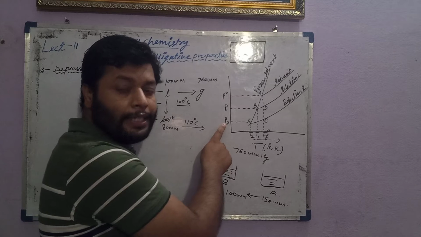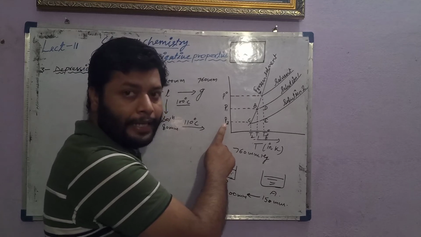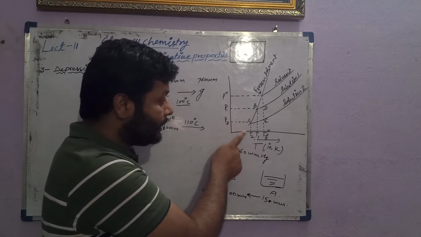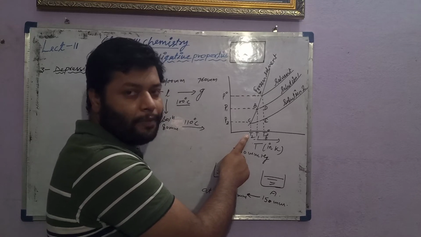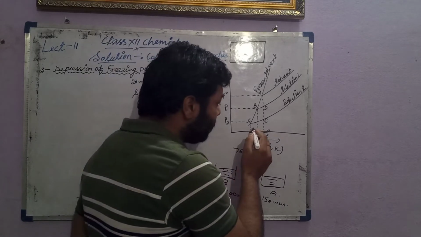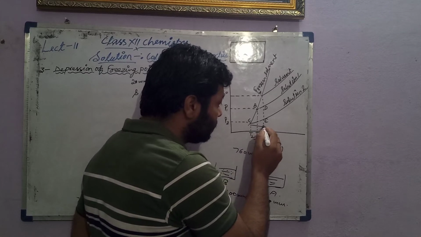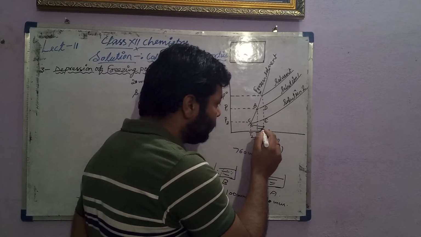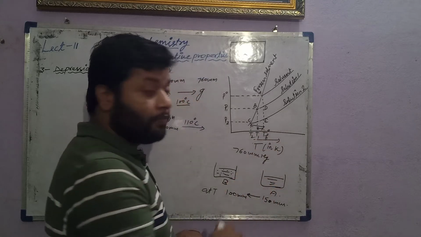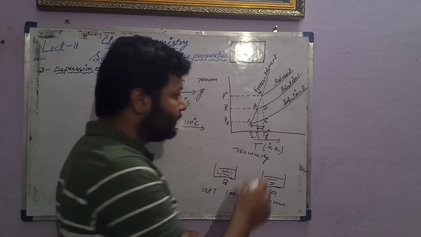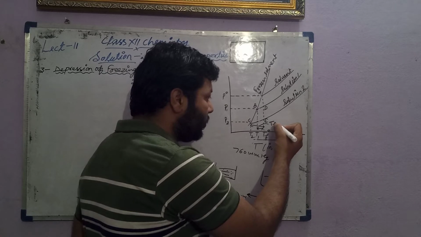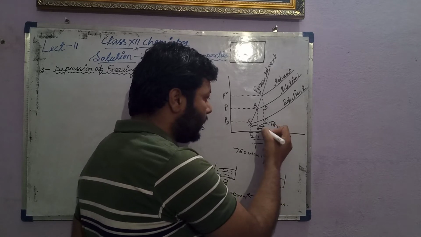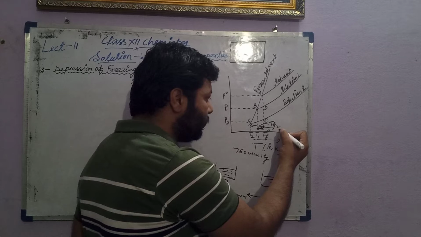And when we decrease the vapor pressure more by adding a non-volatile solute, the temperature is lower more, and T2 is lower than T1. And this is called depression in freezing point.